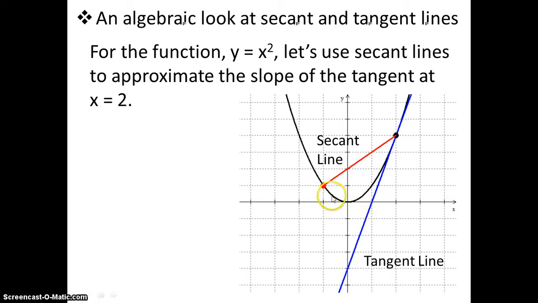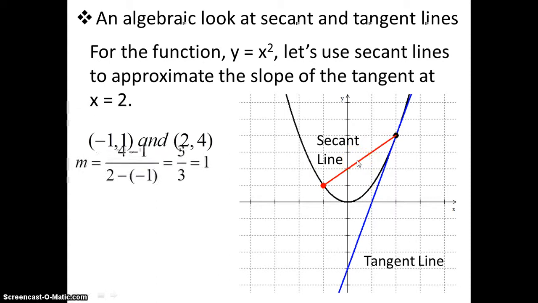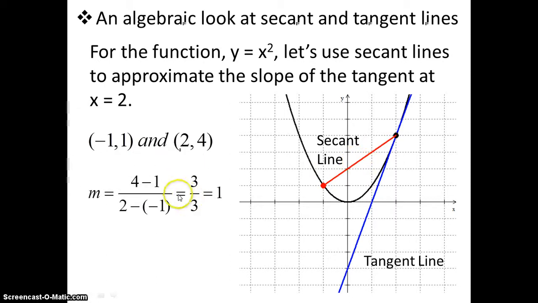Well, similar to what we showed in the sketchpad illustration, I'm going to take this point, which here is now at (-1, 1), and gradually move it closer and closer to my point of tangency here at (2, 4). So if I start with my basic points (-1, 1) and (2, 4), I calculate my slope to be 1.